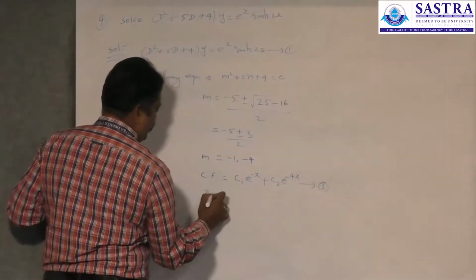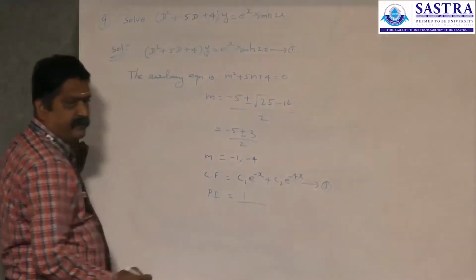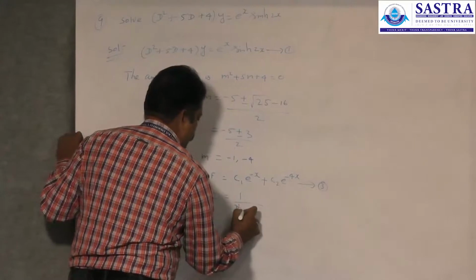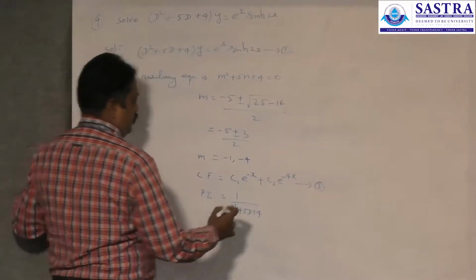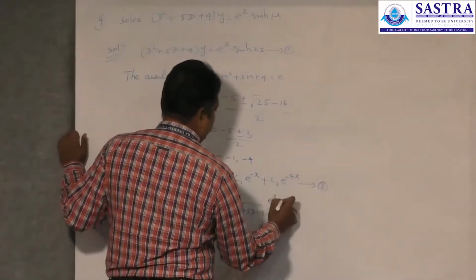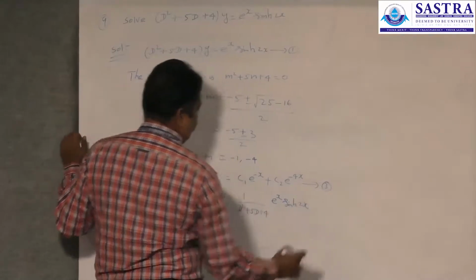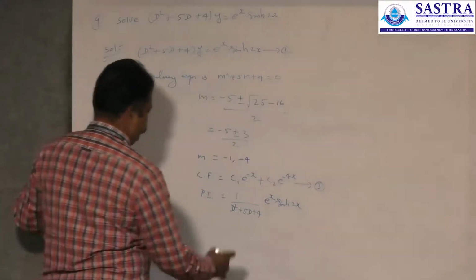Now let us find out the particular integral. Particular integral is equal to 1 divided by D square plus 5D plus 4 into e power x sinh 2x.